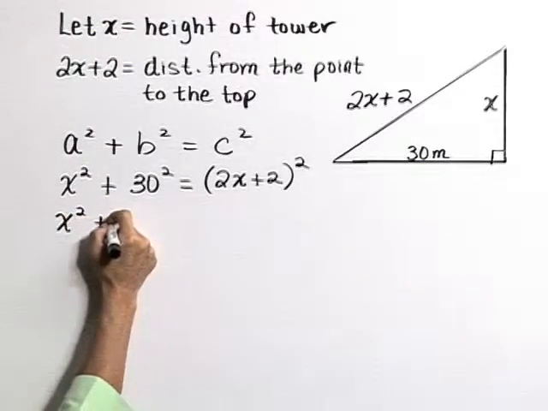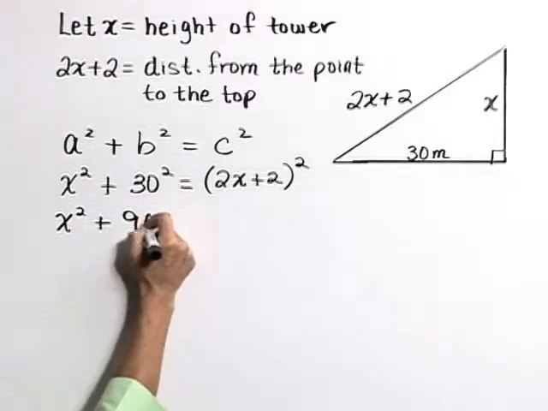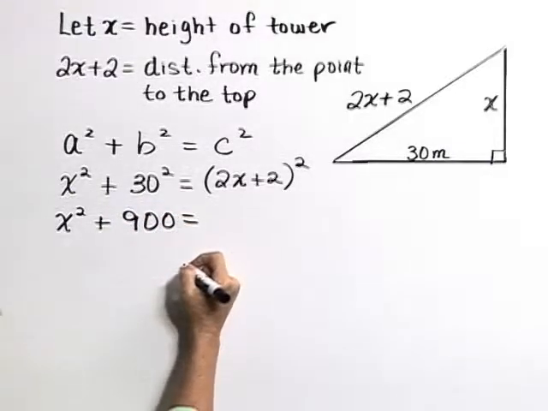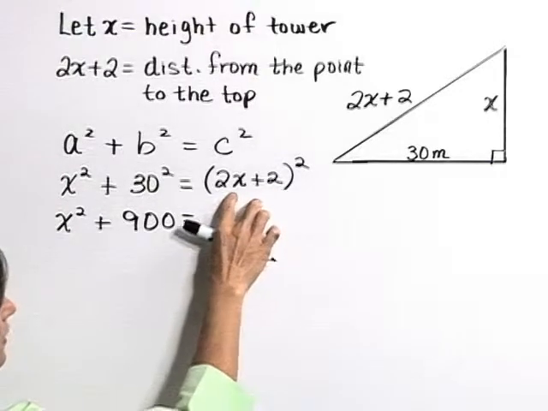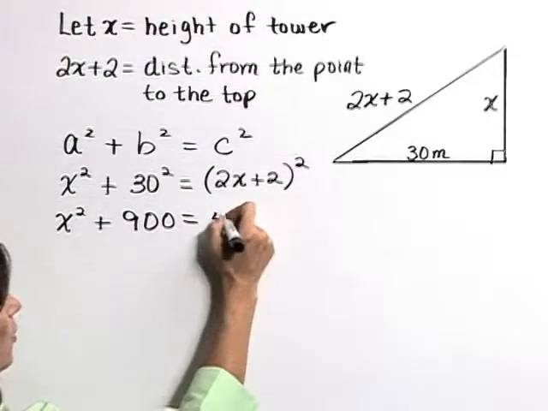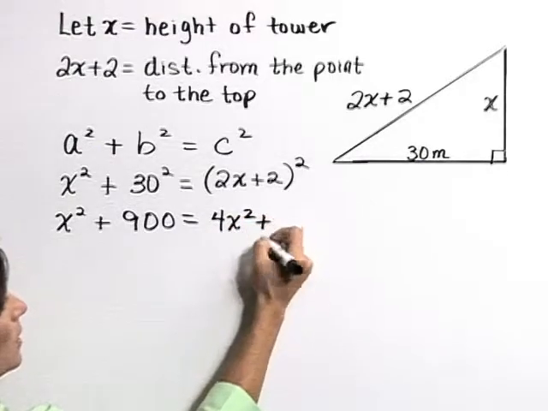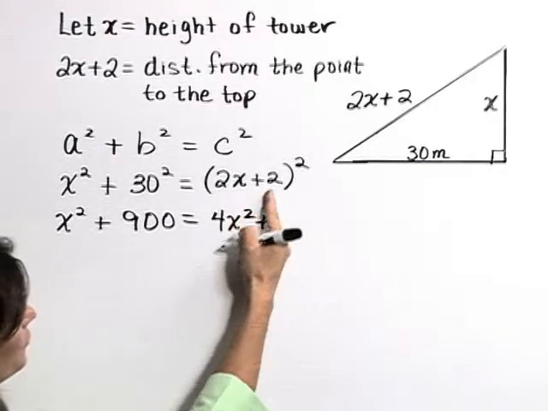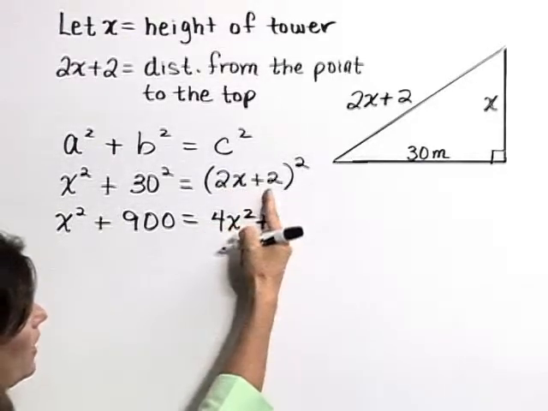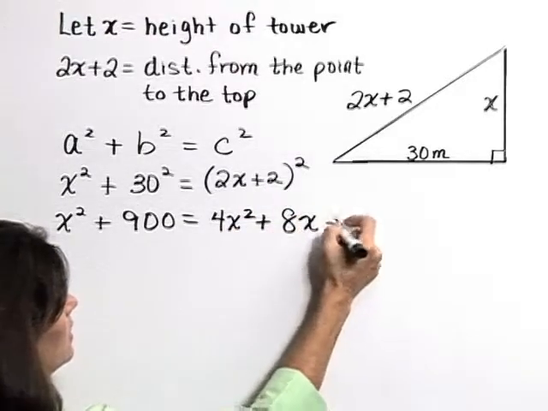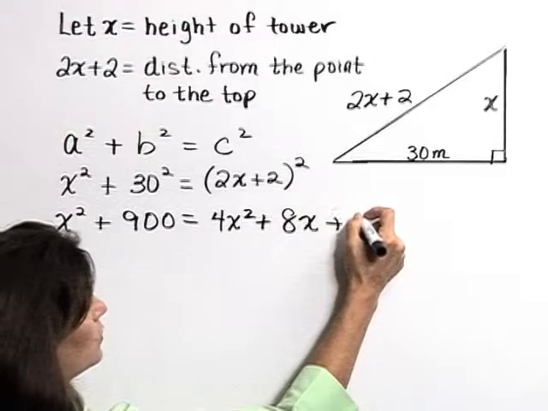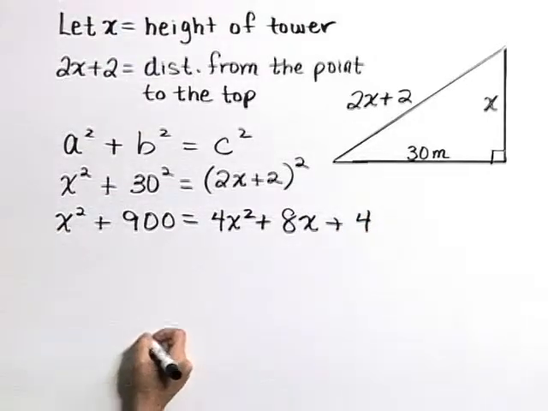X squared plus 30 squared, or 900, is equal to, remember to FOIL here, your first term squared, or 4x squared, plus the product of your inner and outer terms, which is 4x twice, or 8x, plus that last term 2 squared, or 4.